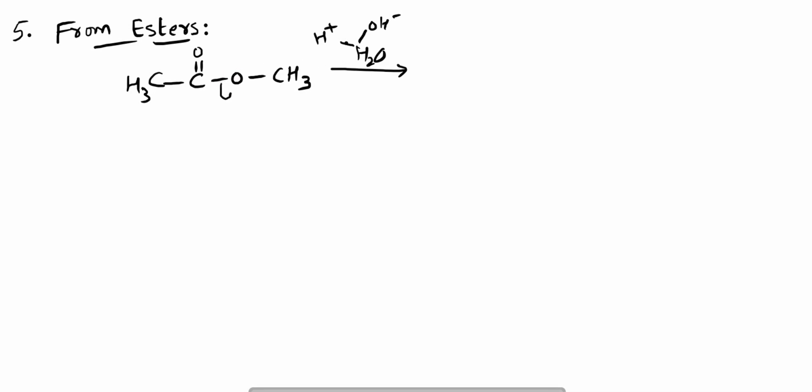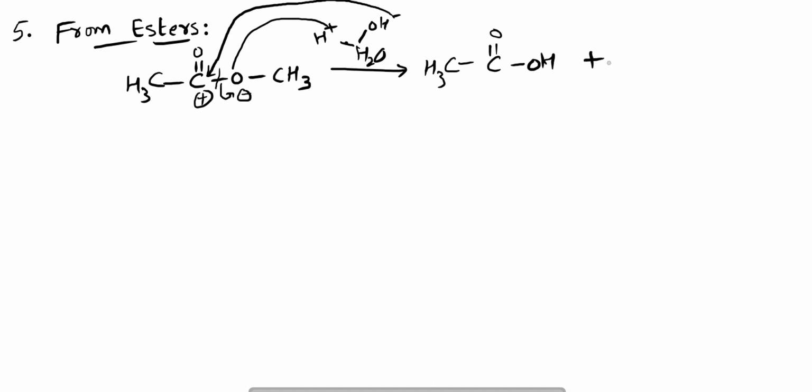These electrons are taken by oxygen. Oxygen gets negative, carbon gets positive. Positive attacks on negative, negative attacks on positive. Means this bond is totally broken. That means we get CH3CO, on this positive we got OH minus, plus CH3O.